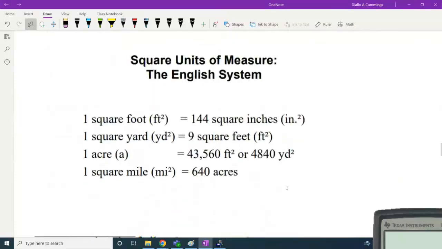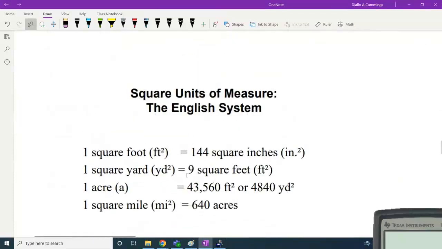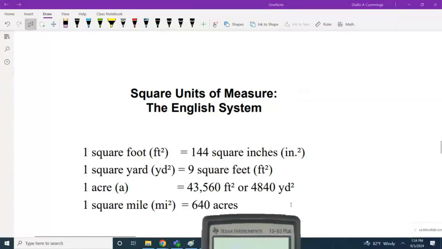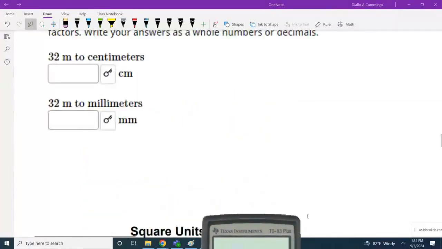We took a look at that one. Now we're going into 1.2, and we're going to take a look at area conversions.